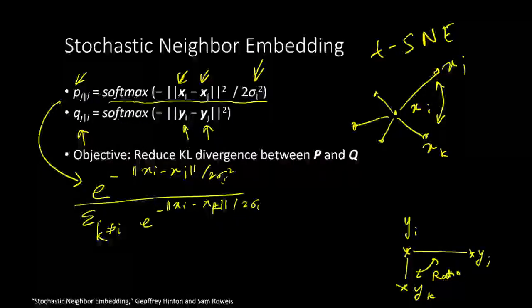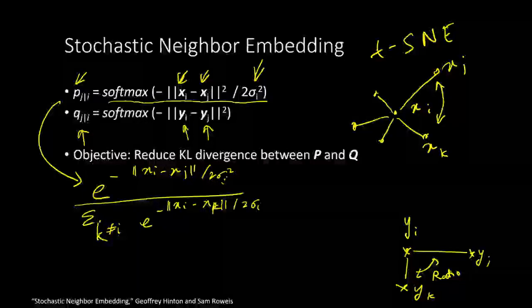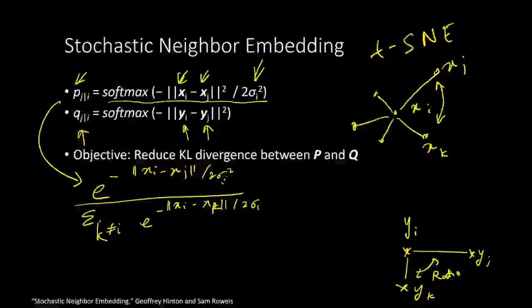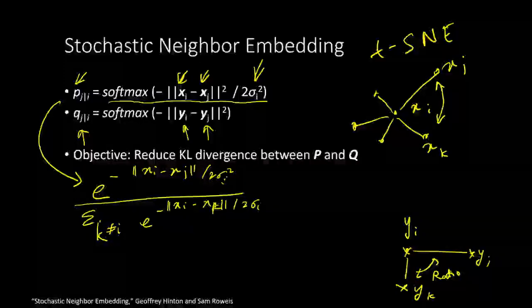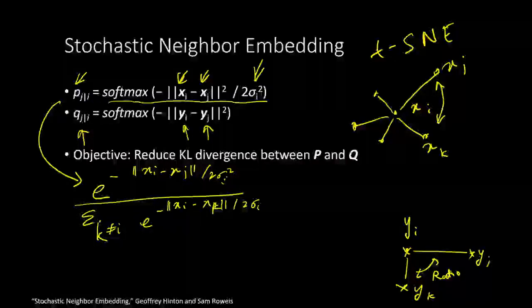So what does this mean? For any given i, all of these will add up to 1, and the maximum weightage will be given to the nearest point other than the point itself. That is what we are saying is the probability of point j given i.